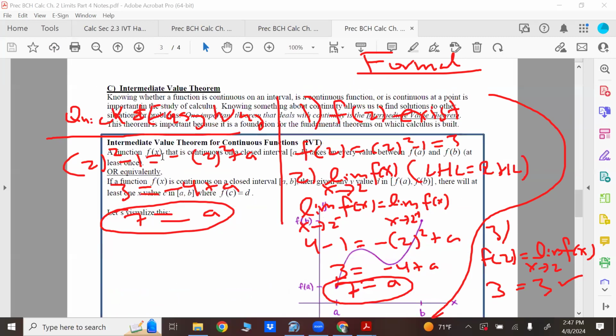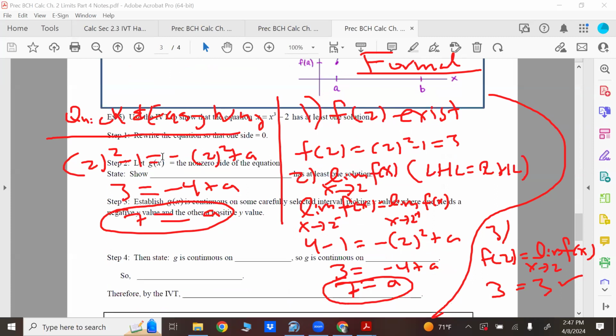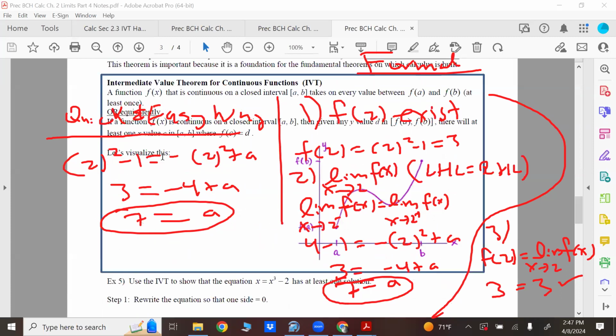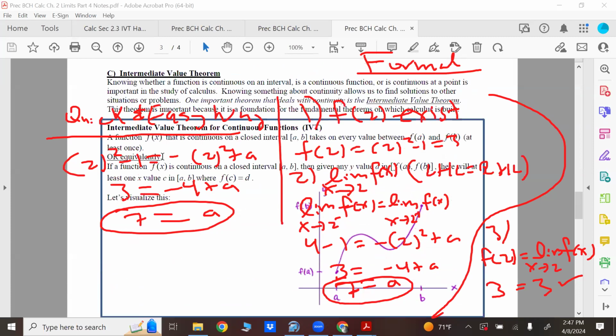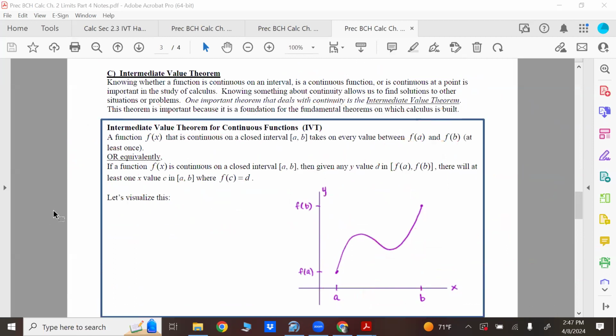Okay, last part, the intermediate value theorem. Let me give you, again, the quick and easy way of thinking about this. Let's say we have points at x equals 1 and 10, and the y values are 2 and 8.